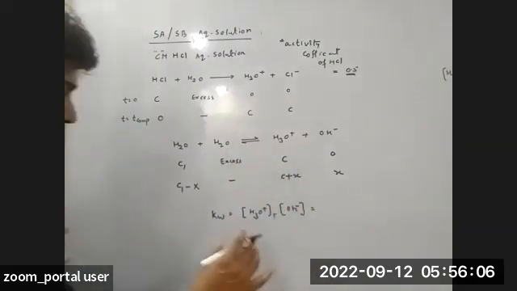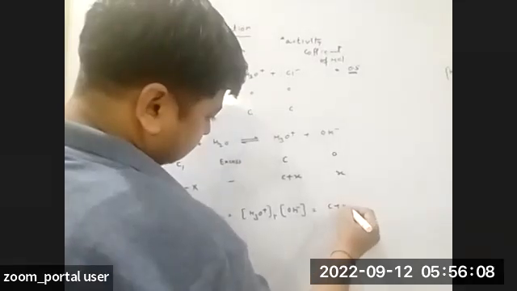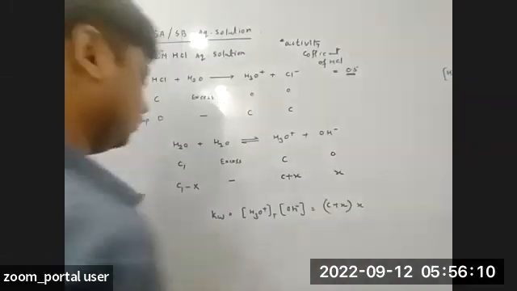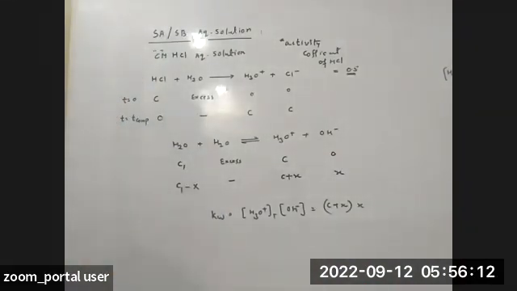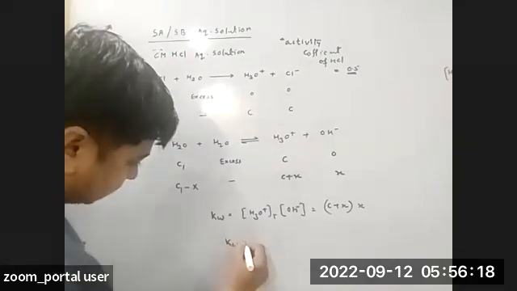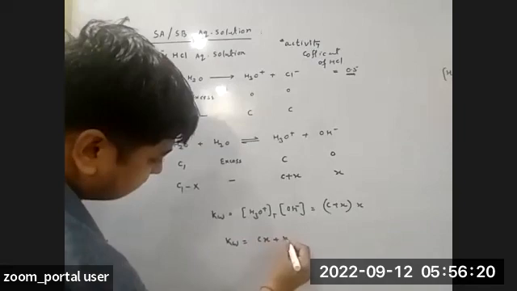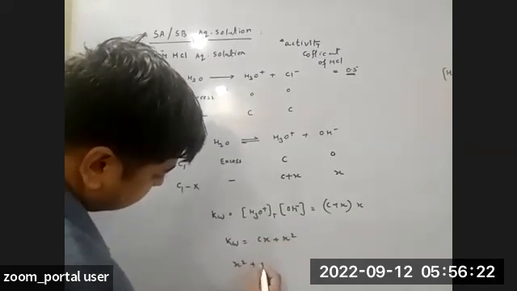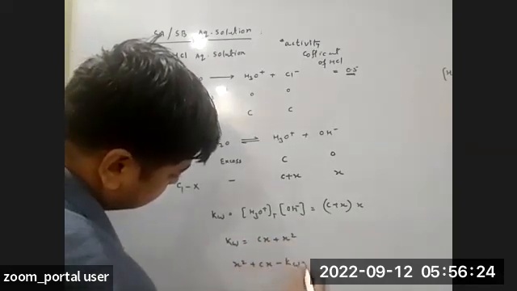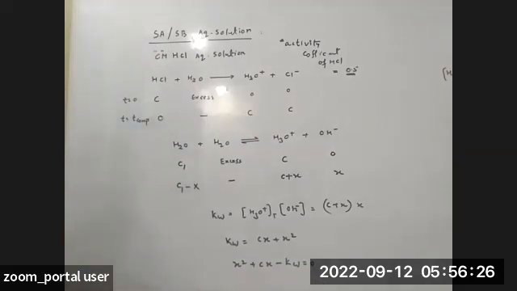So C plus X into X will be Kw. Is there any doubt? Kw will be equal to Cx plus X square. X square plus Cx minus Kw is equal to 0. From here we can calculate X.